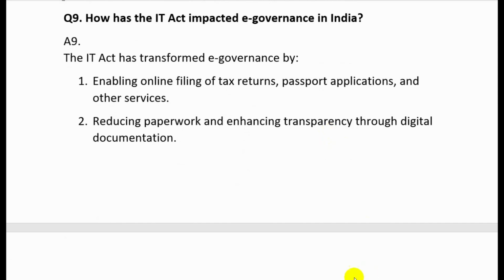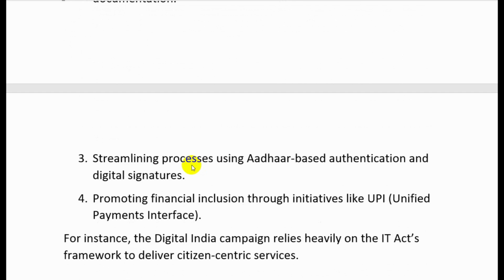How has the IT Act impacted e-governance in India? The IT Act has transformed e-governance by enabling online filing of tax returns, passport applications, and other services. This is also an important question. Reducing paperwork and enhancing transparency through digital documentation.